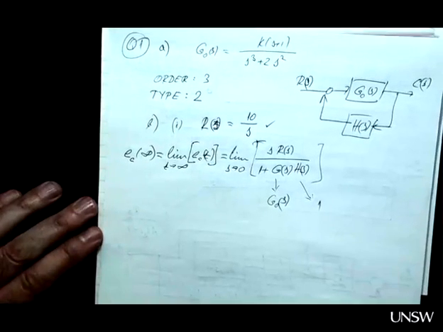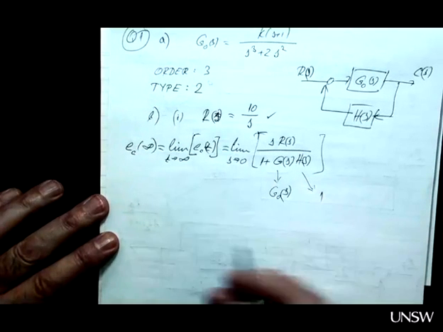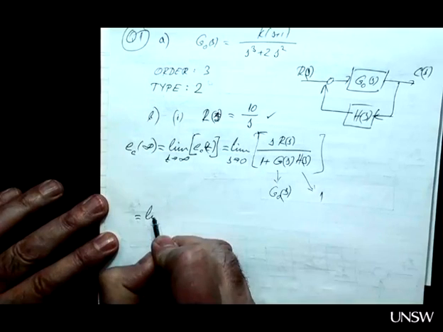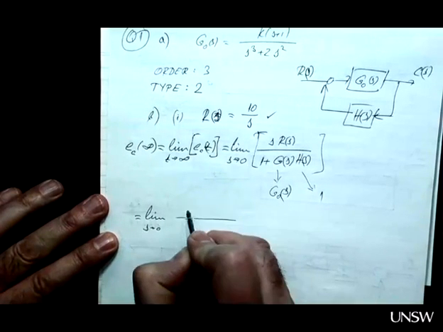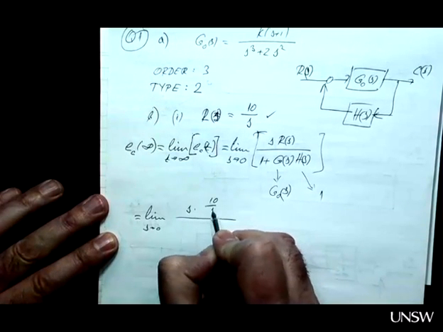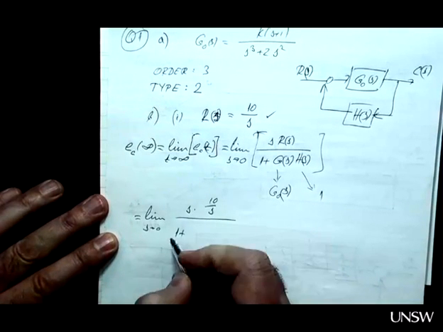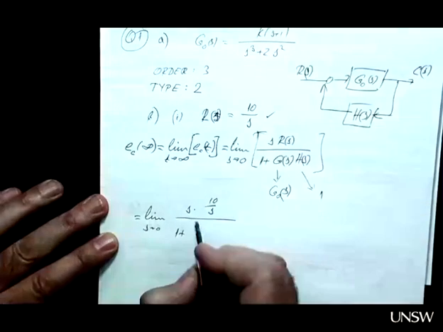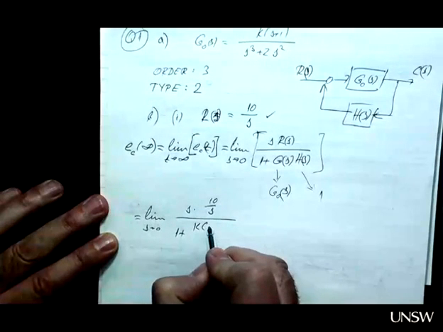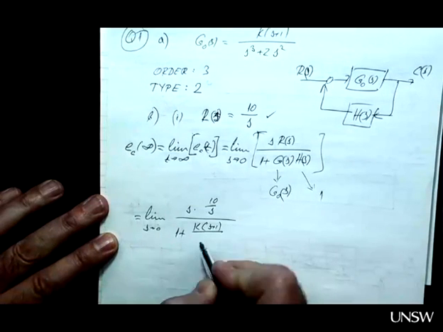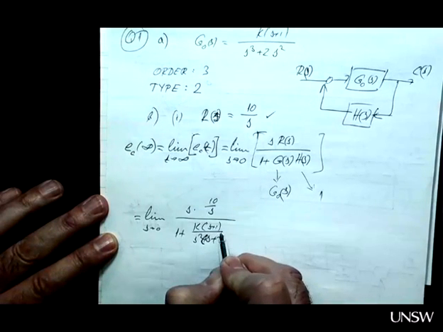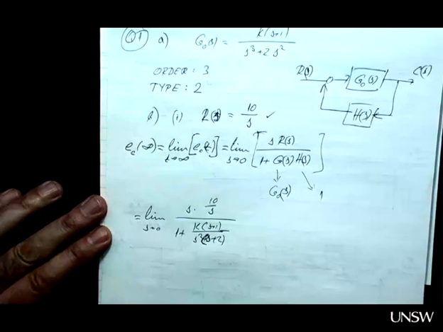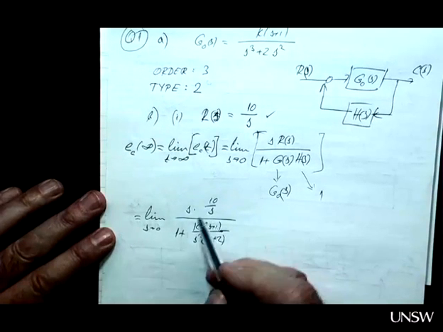So now this steady state error is equal to limit s approaching 0 of what? s times 10 over s, over 1 plus the open loop transfer function, which is our original transfer function, K(s plus 1) over s squared (s plus 2). We know we are going to cancel s and s here.